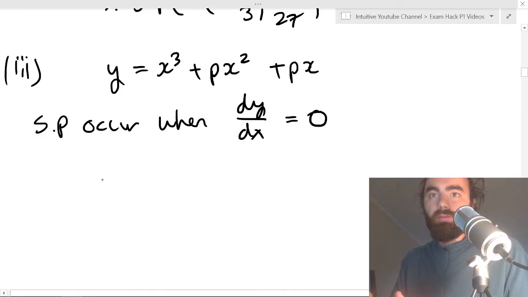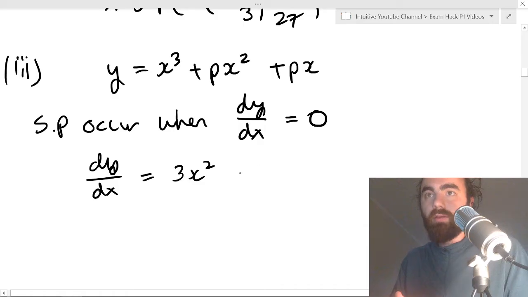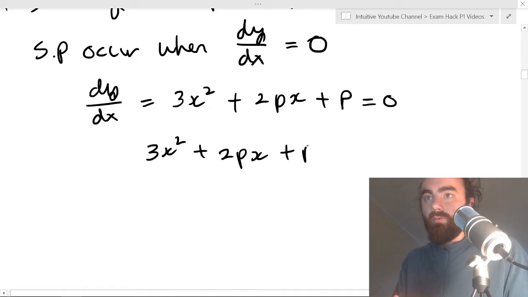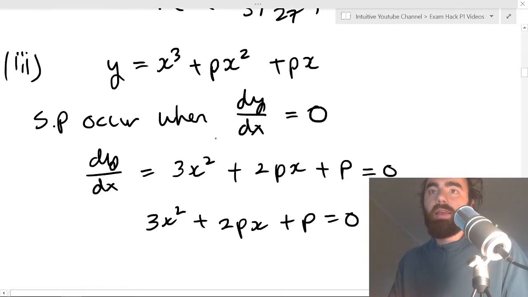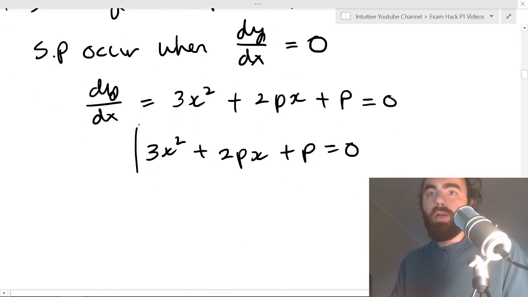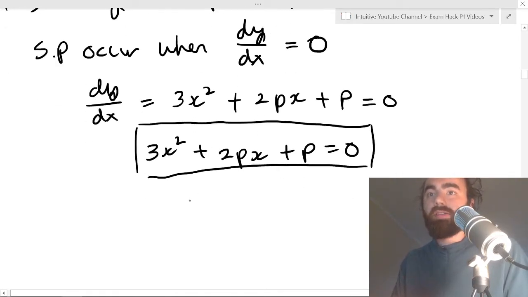Our dy by dx here is 3x squared plus 2px plus p, and when that equals 0, our stationary points occur for the solutions of this equation. Now, if we want to find where this curve has no stationary points, we have to find where this equation has no solutions.